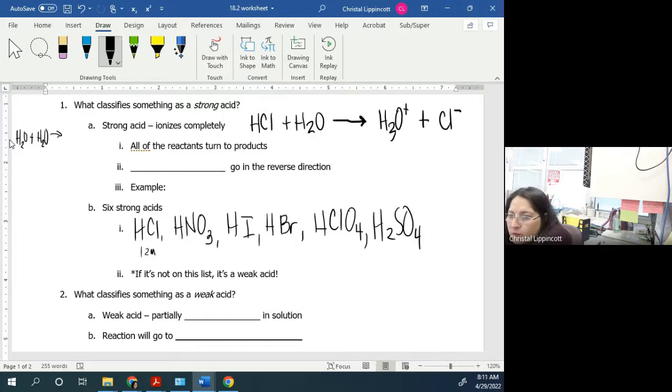If you just have water together, water is kind of weird. You would get a few of these that come apart like this, and a few of these that come apart like this. Now, how many of those do you get?